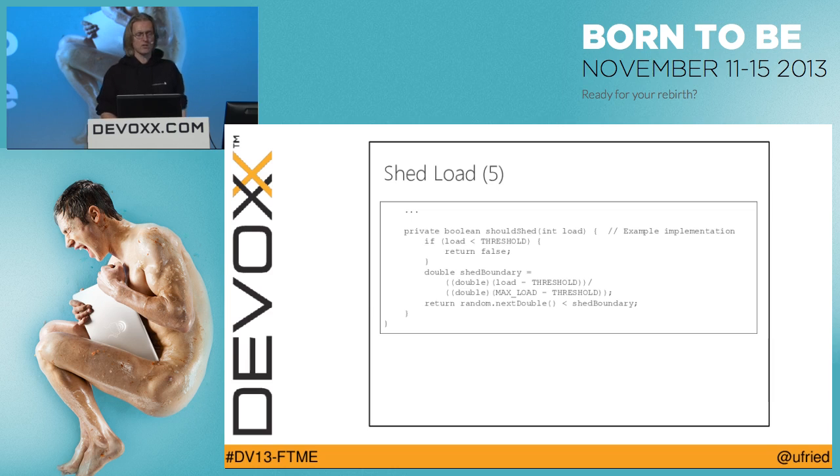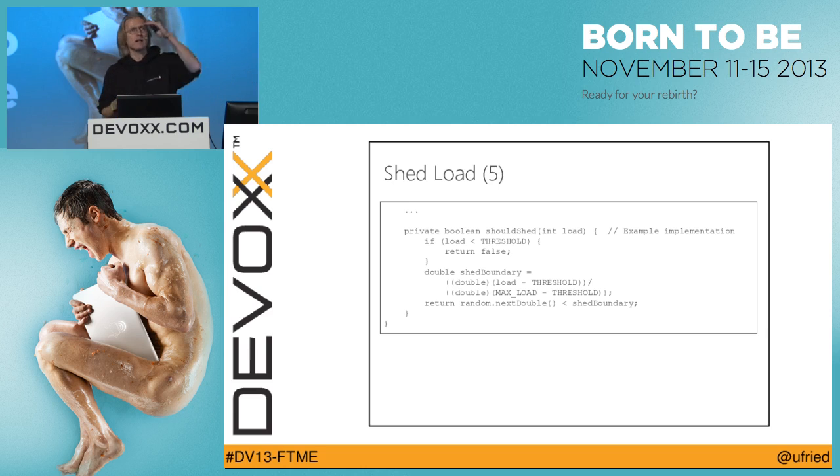And the shouldShed is also just a simple example implementation. What I'm going to do is, if I'm below a certain threshold, I say no, I shouldn't shed, of course. And otherwise, I normalize that load value to a number between 0 and 1, 0 for just being at the threshold, and 1 having the maximum load.